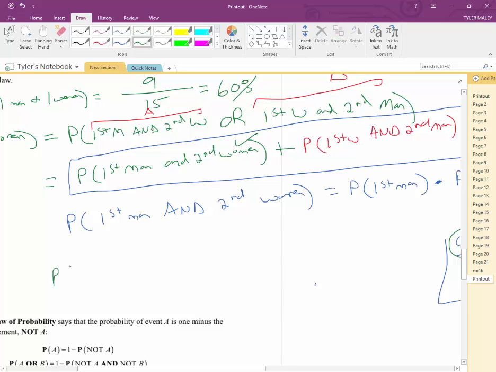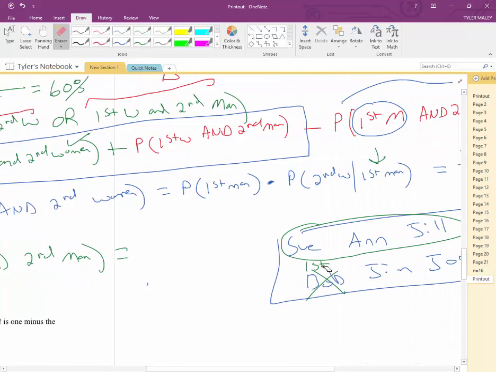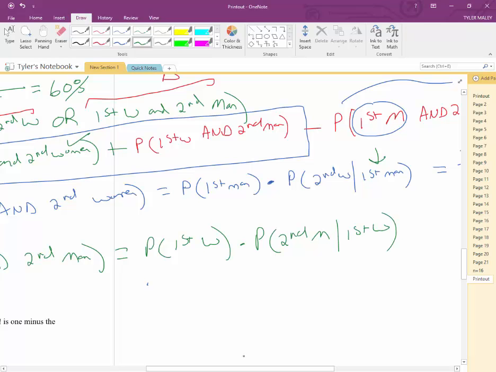So now I need to find the probability that the first is a woman and that the second is a man, right? So again, applying that first law. So let me get rid of this. Applying the first law, this would be equal to the probability that the first is a woman times the probability that the second is a man given that the first is a woman, right?